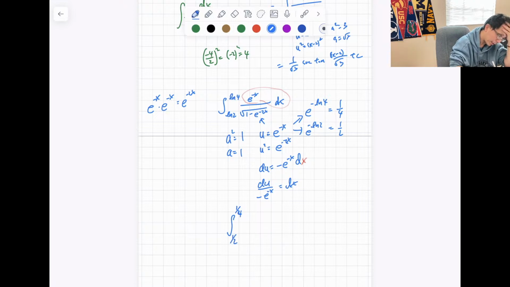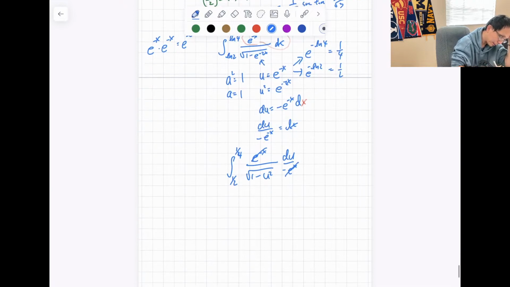And this one is gonna be e to the negative x times the square root of 1 minus u squared dx equal to du over negative e to the negative x. So this cancels out, negative 1 outside. So negative, integral from 1/2 to 1/4 of du over square root of 1 minus u squared.